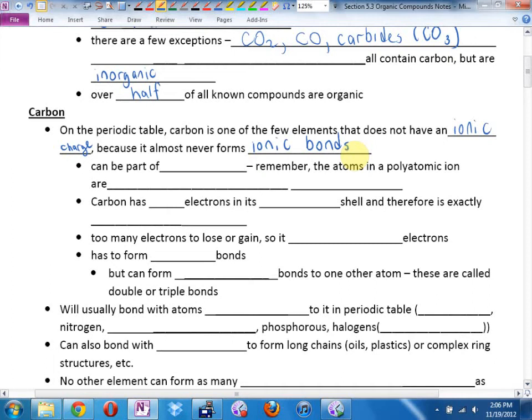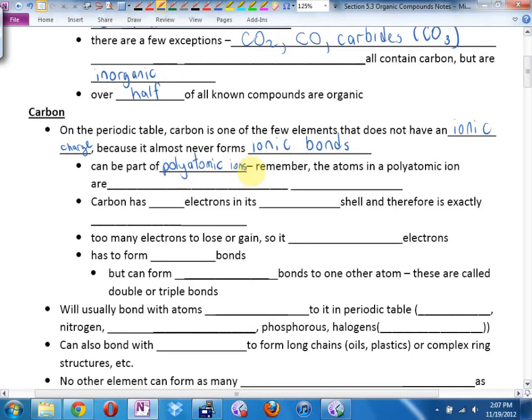Okay? Now, it can be part of those polyatomic ions. Those are the ones on the back of your pink sheet in that chart there. But remember, those polyatomic ions, those are all covalently bonded, and then as a group, they'll bond ionically.